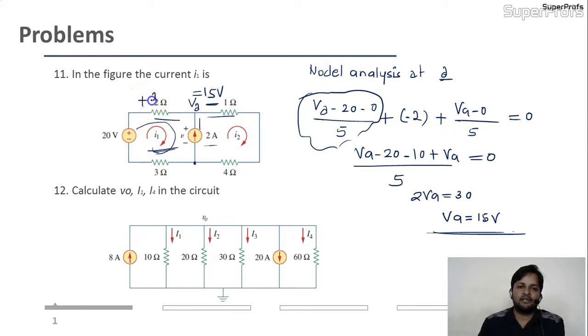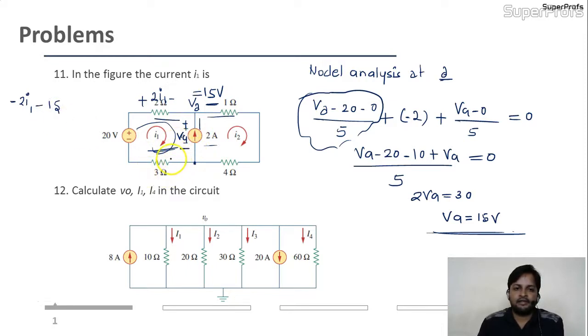Here the voltage drop is 2I1. I'm writing the equation minus 2I1. Why minus? Because I'm terminating at minus. Here this voltage is VA. This voltage VA is the voltage across this. So I'm getting minus VA. VA is 15, you found already.